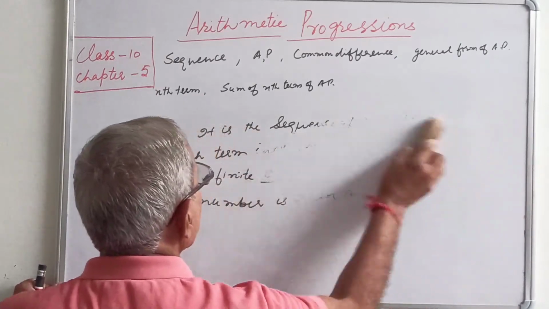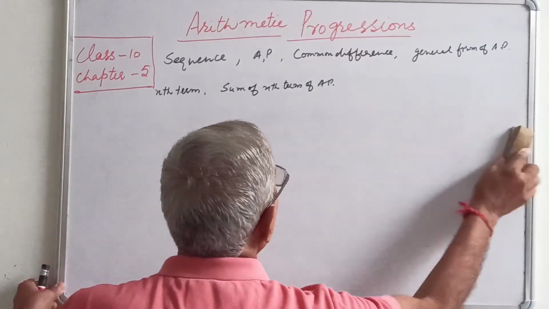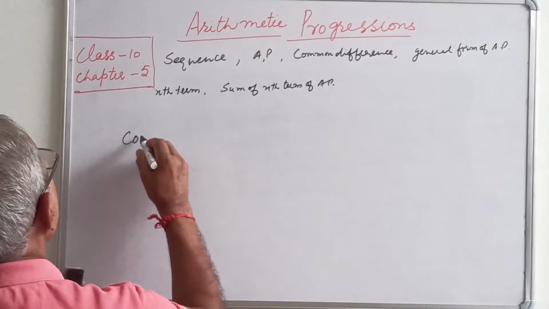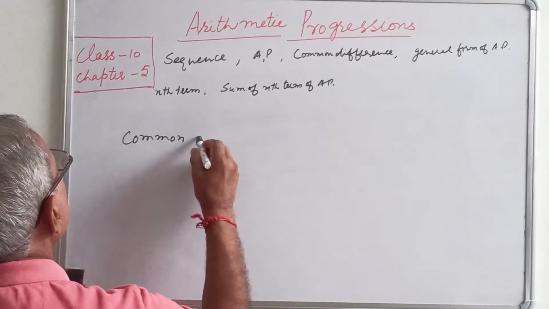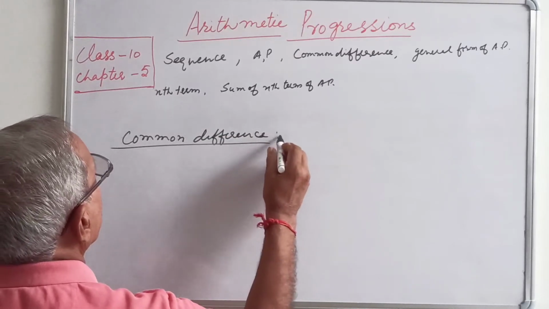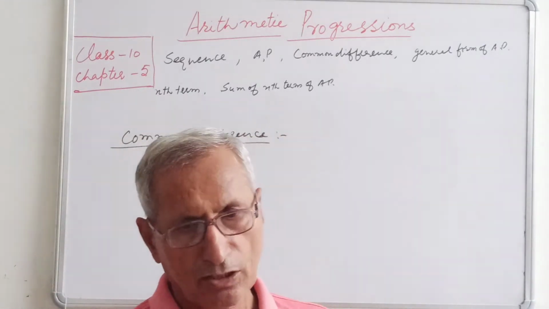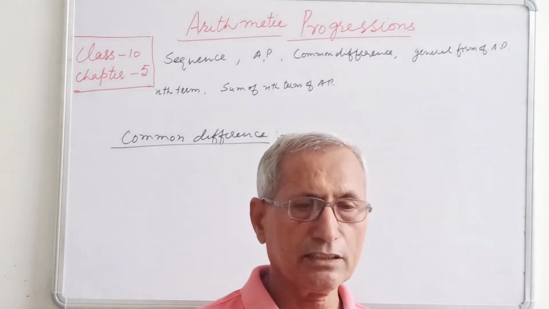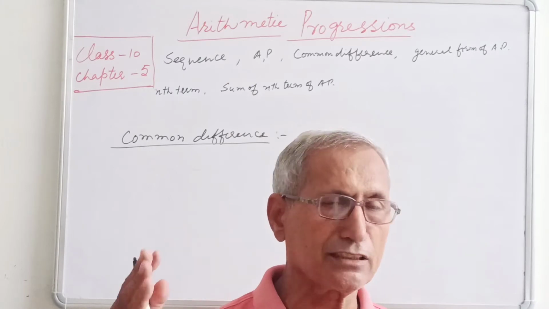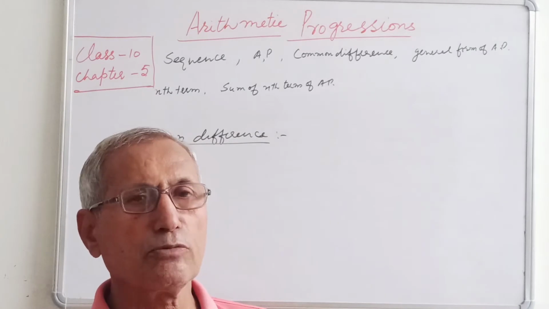The next is common difference, or D. So what is common difference? The difference between two successive terms of an AP, arithmetic progression, is called the common difference.